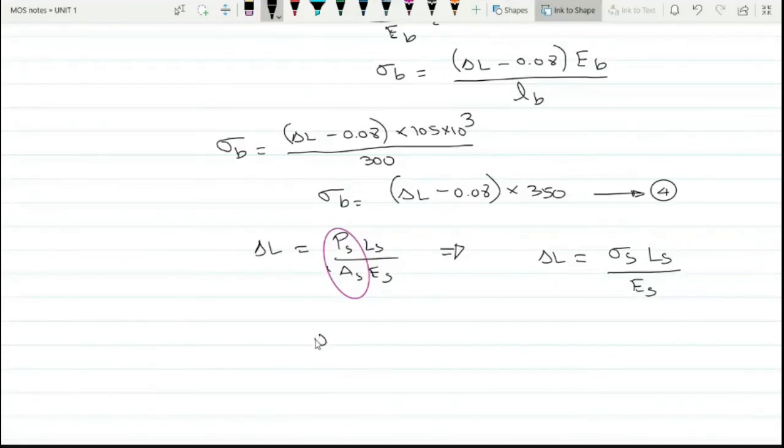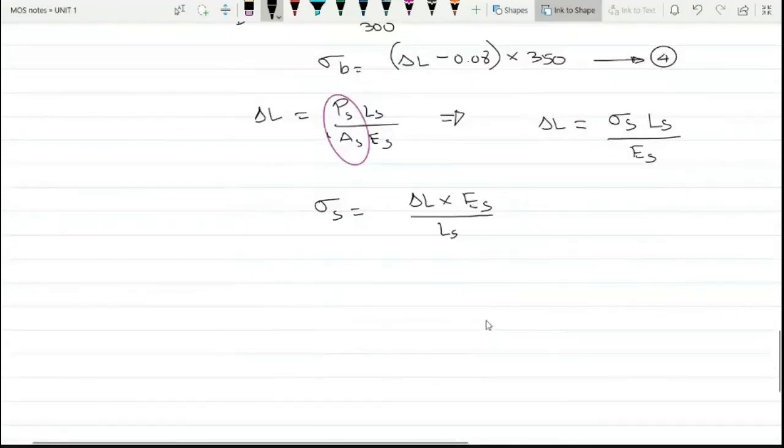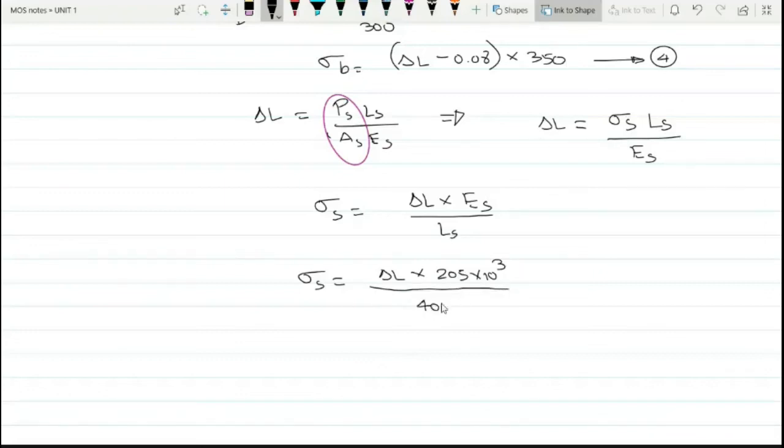So sigma S will be equal to del L into ES by LS. Sigma S is equal to del L, with ES as 205 into 10 power 3, and let me consider LS as 400. So the value is 512.5 del L. Let me consider this as equation 5.